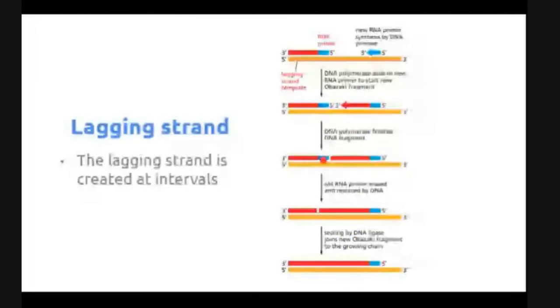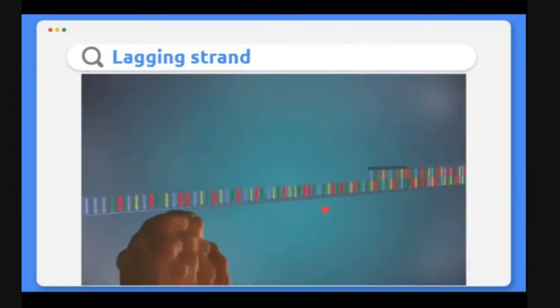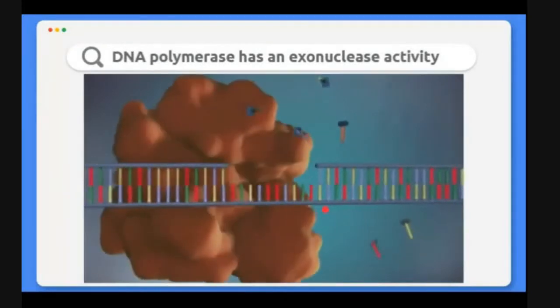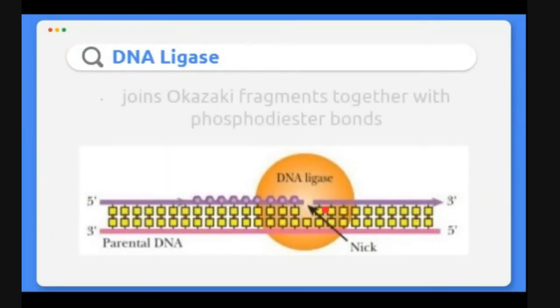And when you remove these RNA primers, mag-a-add again yung DNA polymerase mo ng new nucleotide bases. And while it adds nucleotide bases, nagkakaroon ka ng nicks doon sa portion ng end ng strand ng each Okazaki fragment mo. So, these ends of the Okazaki fragments are joined together by your DNA ligase.